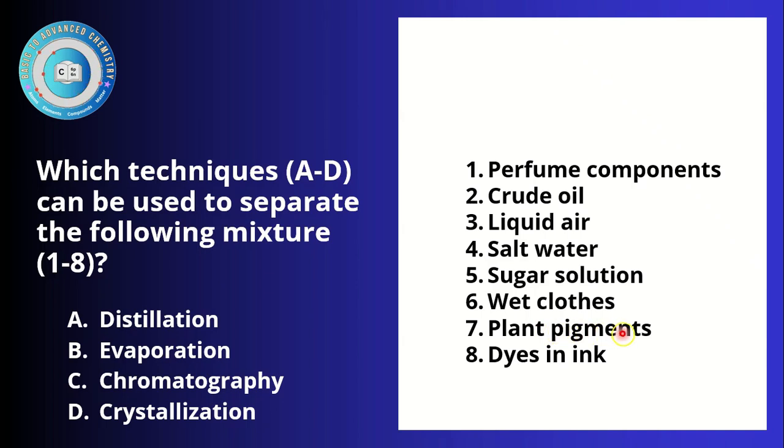Such properties of components can be exploited to separate them by using chromatographic techniques like paper chromatography. Dyes in ink. Ink has different colors. These colors may have different polarity, different size, and different solubility. This property of components can be treated by chromatographic techniques.